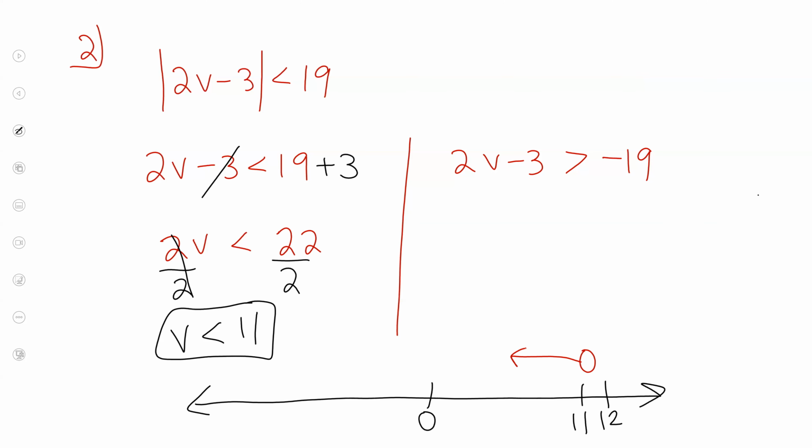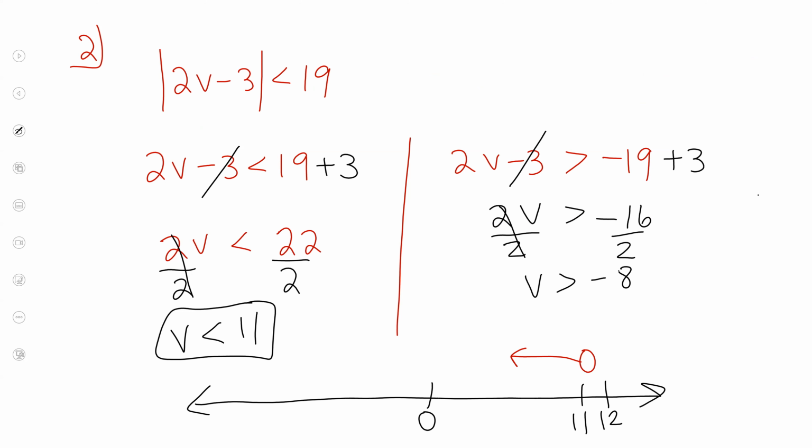Next, let's do the next inequality. Add 3 to both sides. Negative 19 plus 3 is negative 16. Then we'll divide both sides by 2, and you get v is greater than negative 8.